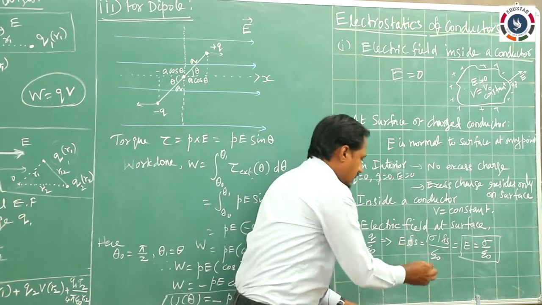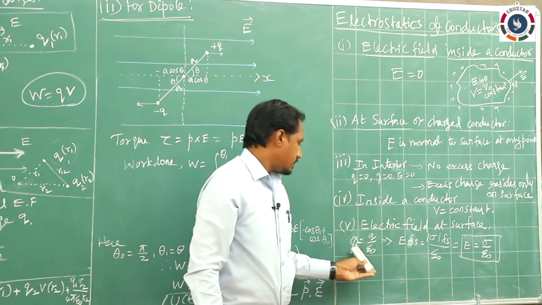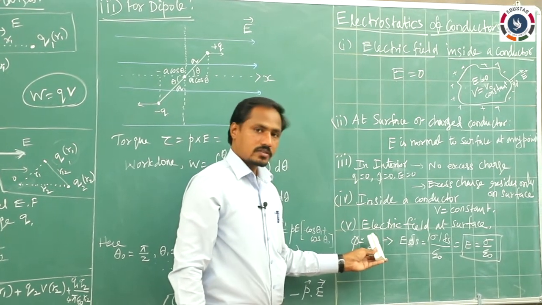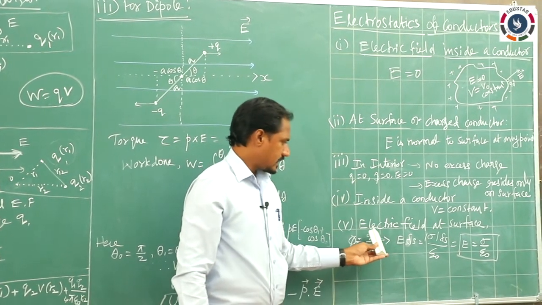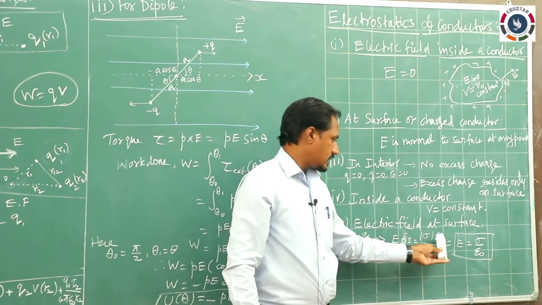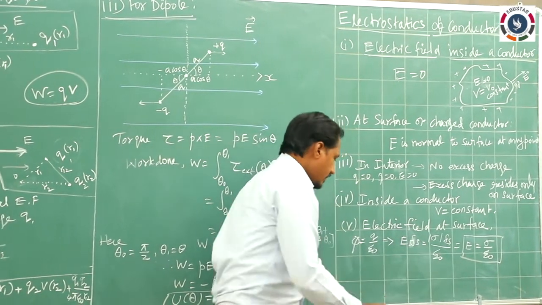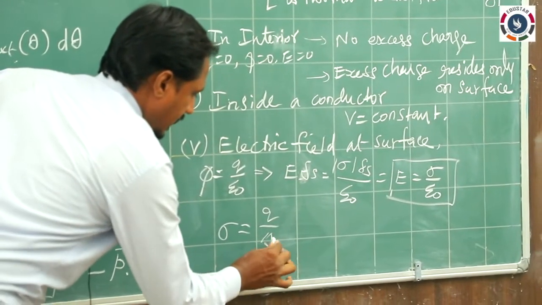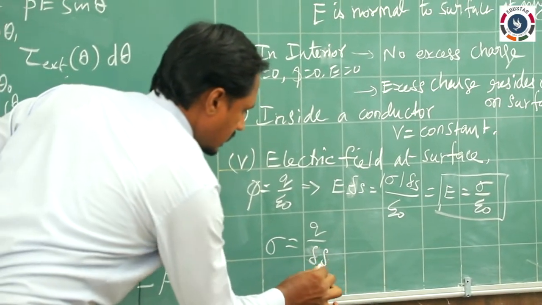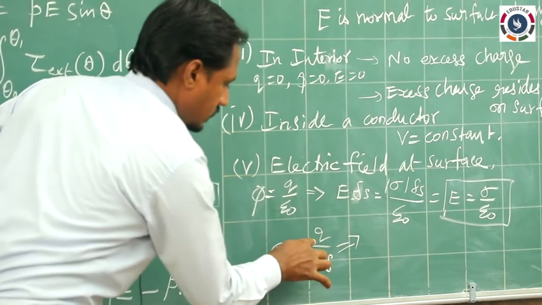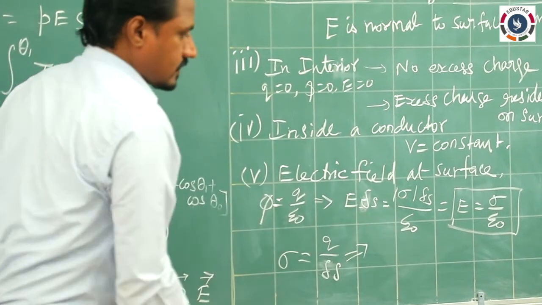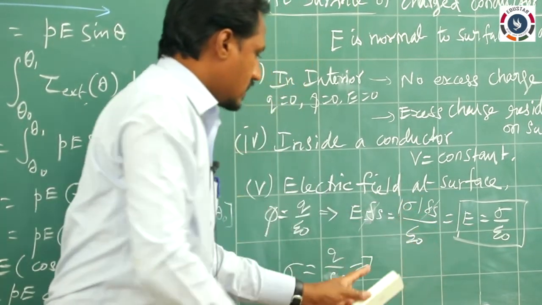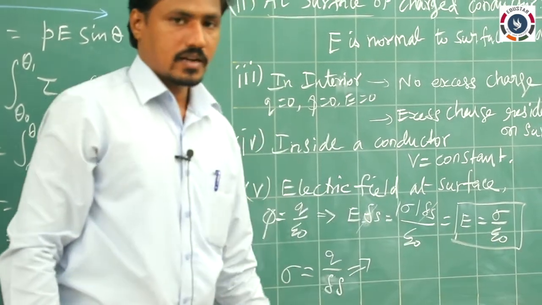So we replace phi with E dot ds, and Q, the charge, can be written as surface charge density into surface area, where sigma equal to Q by del S. So Q is equal to sigma into del S, divided by epsilon naught. The del S cancels, so E equal to sigma by epsilon naught.